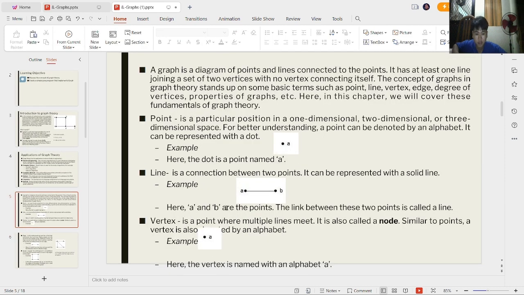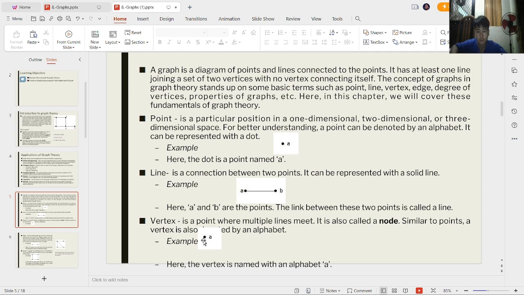Here, A and B are the points. The link between the points is called a line. A vertex is where multiple lines meet, also called a node.